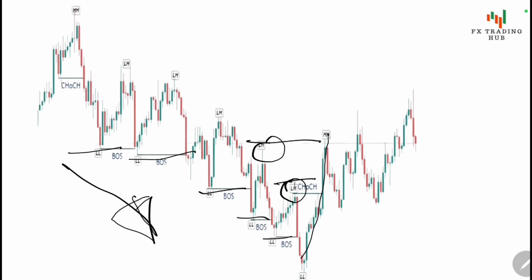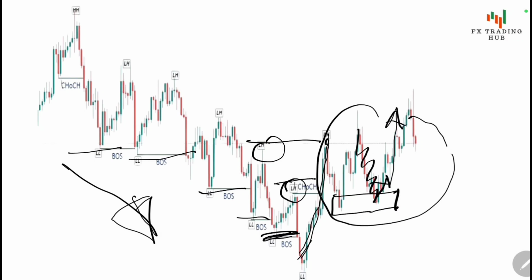So this shows that this change of character was valid, and not only is it valid, the market broke structure in the opposite direction of the trend, and this change of character originated from a break of structure, as you can see. So I can have a demand zone right there, and if the market comes down on a lower time frame, I could as well have my change of character on a lower time frame that will signify the entry of this trade. So this is a trade on a lower time frame.